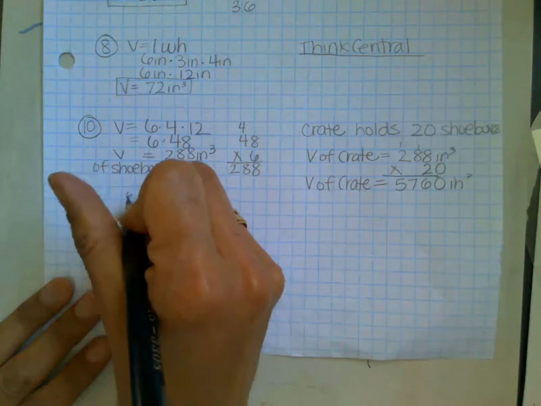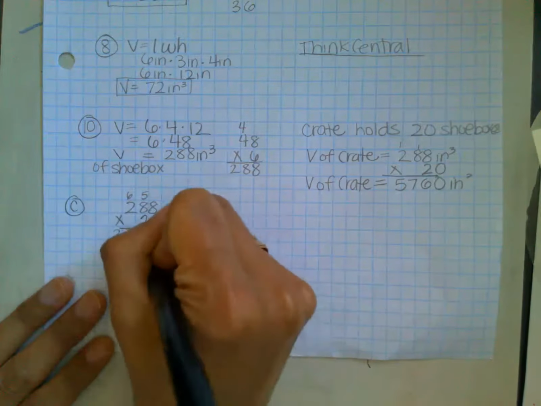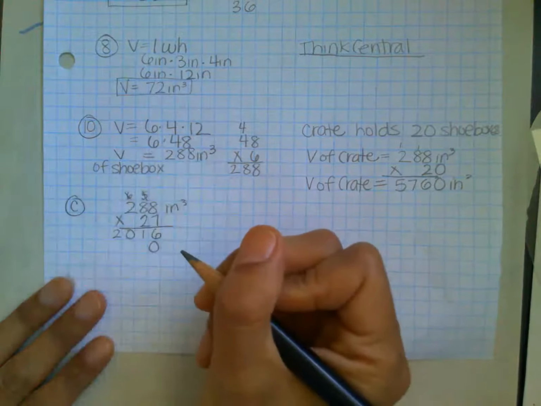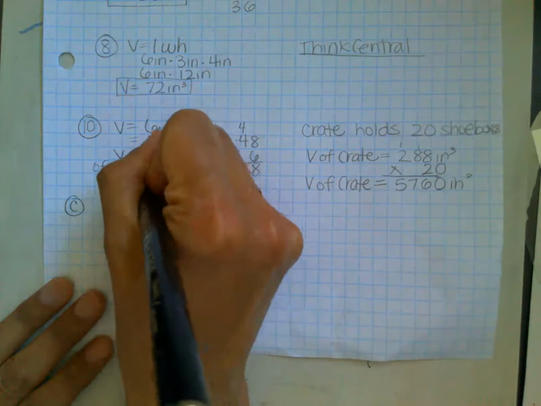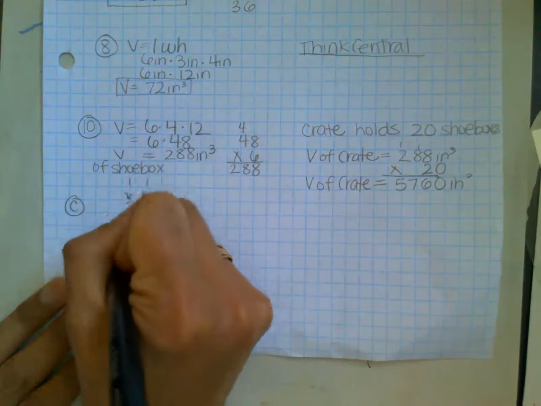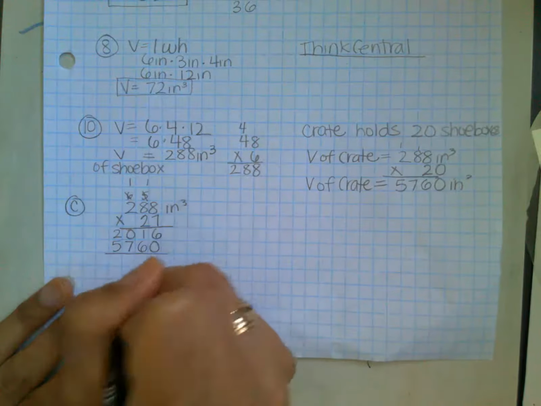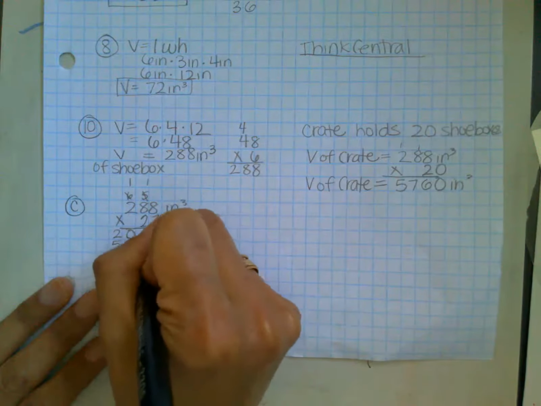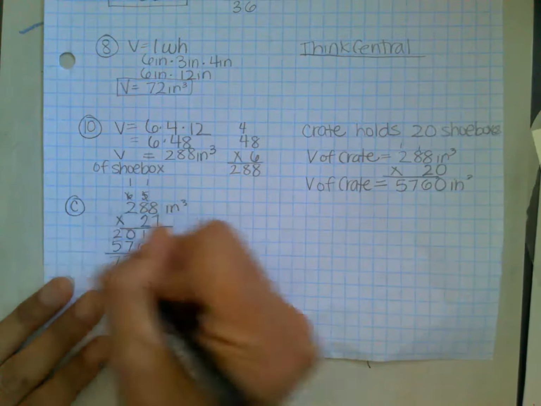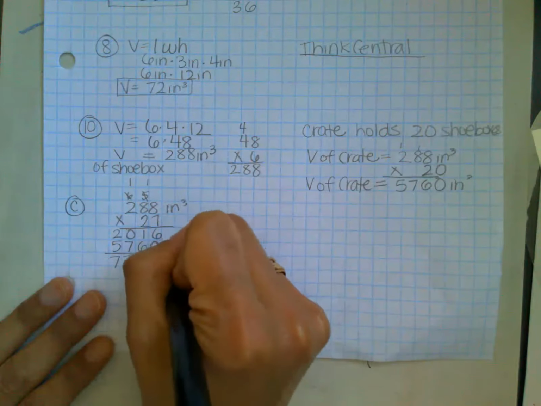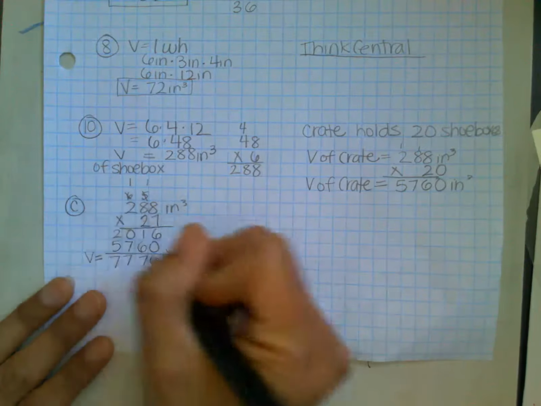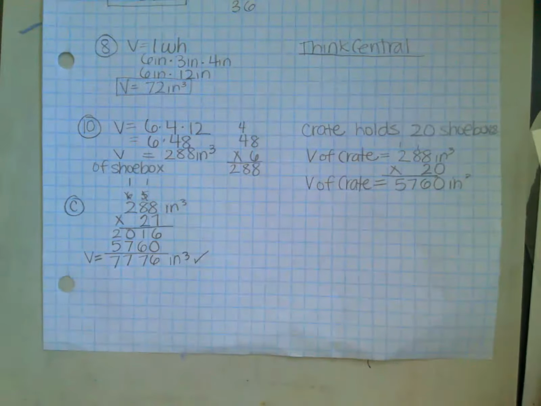That's 14 plus 6 is 20. 0 placeholder. Cross off what I canceled. Times that by 2. This is 16. 1 more. That's 17. And that's 5. So we have 6, 7, 7, 7. 7,776 inches cubed is the volume, and that is correct. So C is yes.